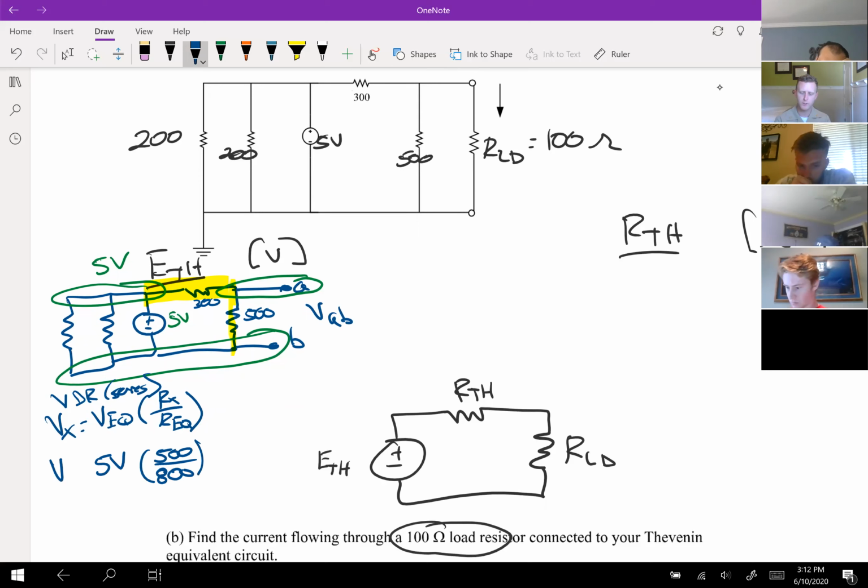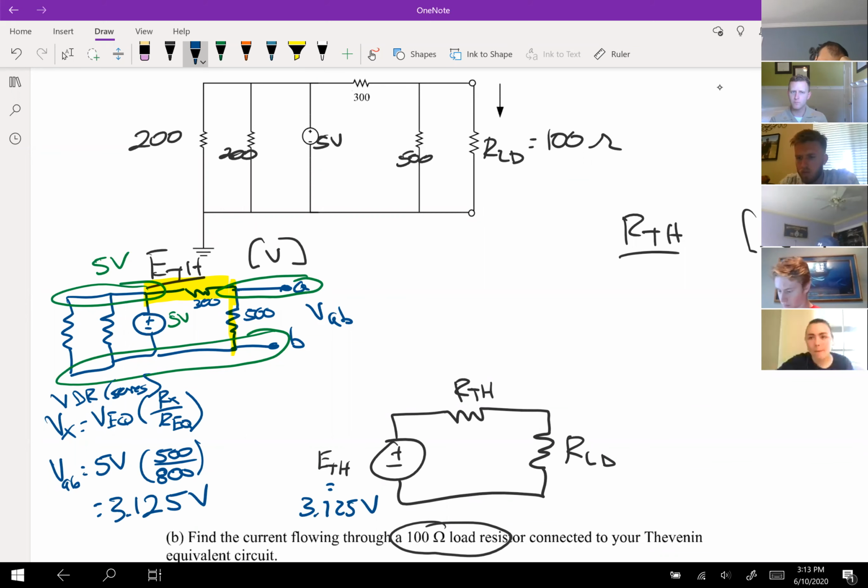My R from A to B was 500, and my voltage in total going from the 5 volts down to 0 was across 800, through 300, through 500 ohms. Together that comes out to 3.125 volts. So E Thevenin is equal to 3.125 volts.